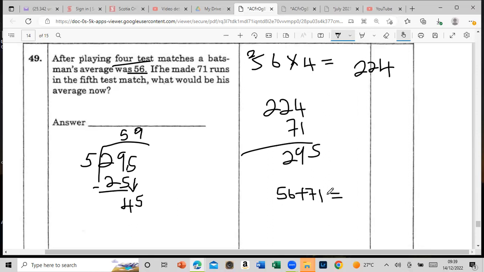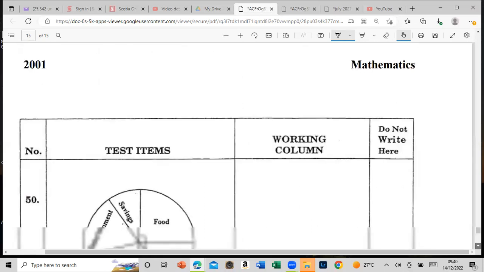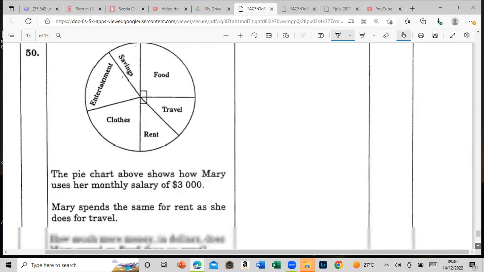To work it out, this would be the correct answer though, 59. So why this problem? It's his average, and he adds an additional average. Alright, let's go. This would probably be the final one.